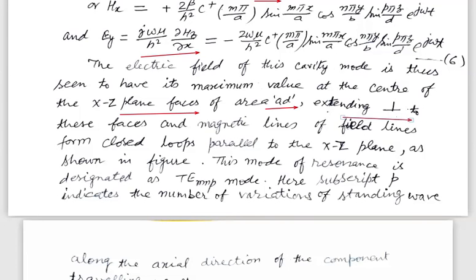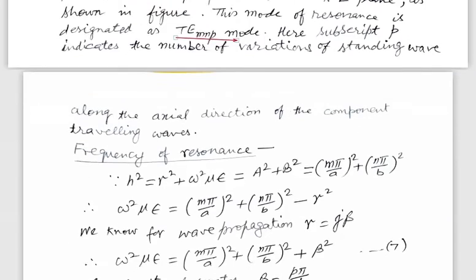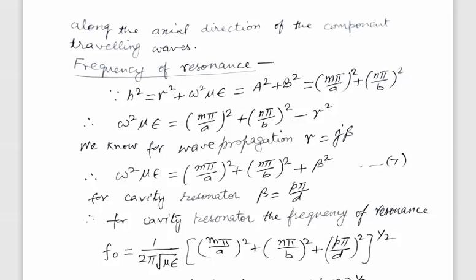So this mode of resonance is designated as TEMNP mode. Here subscript P indicates the number of variations of the standing wave along the axial direction of the component traveling waves.